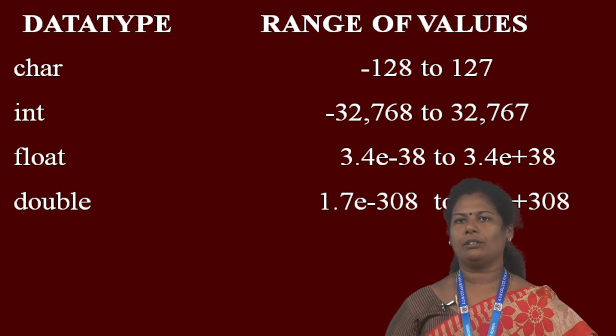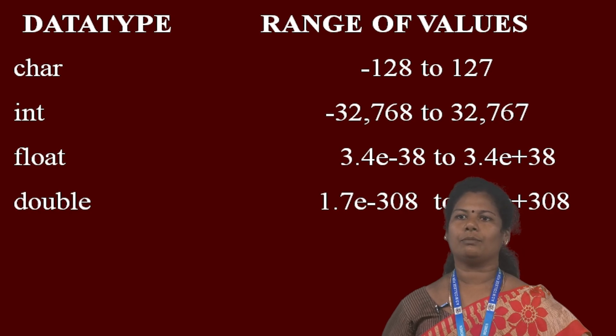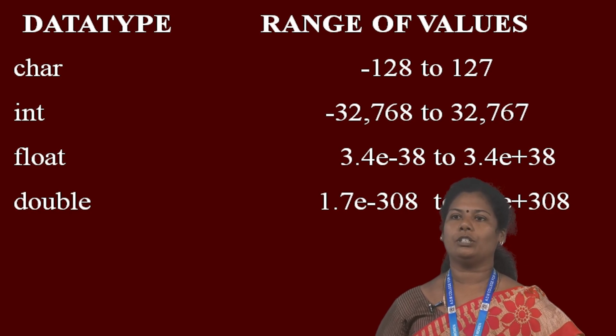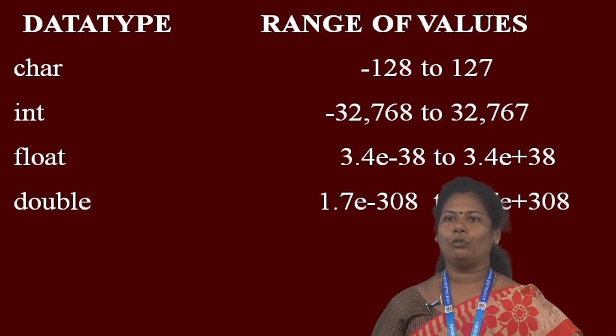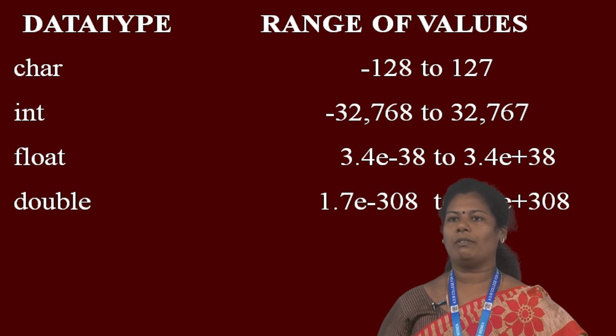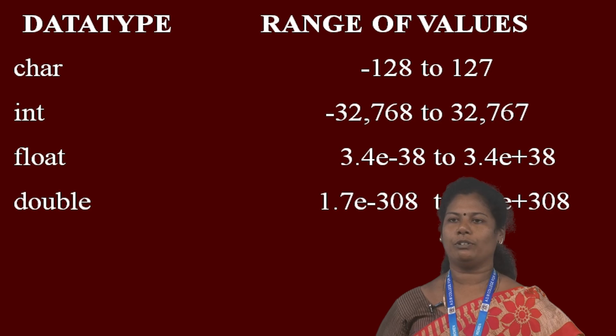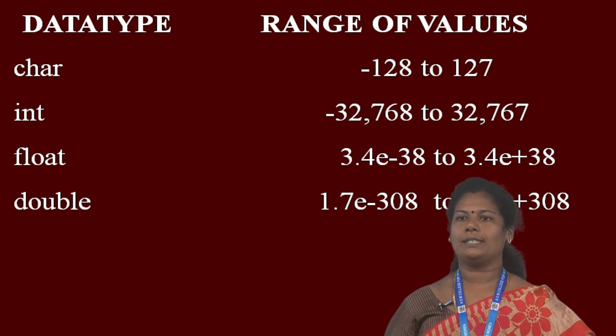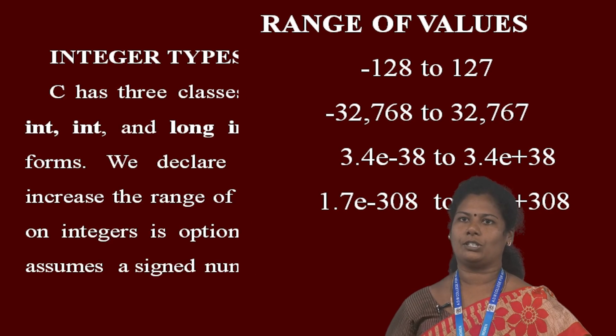And the integer range is -32768 to 32767. And float is 3.4e-38 to 3.4e+38. And double is 1.7e-308 to 1.7e+308.